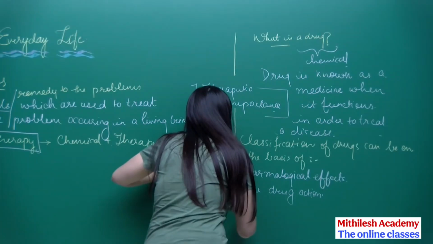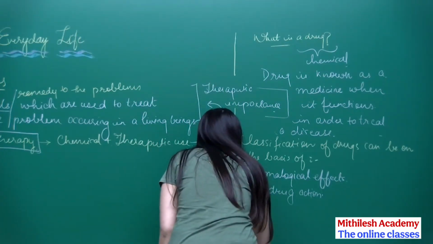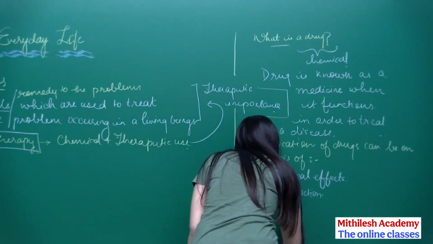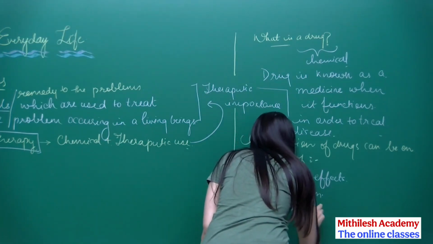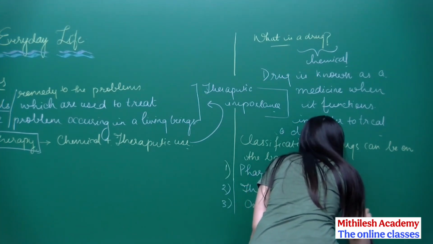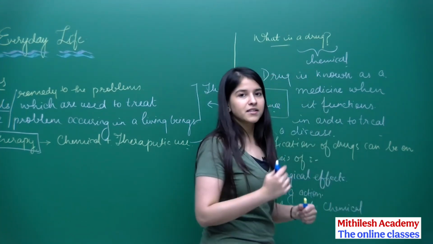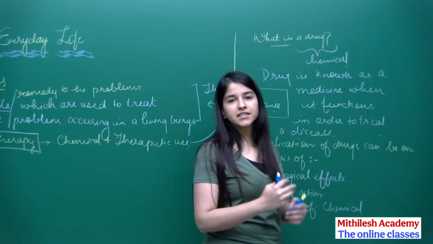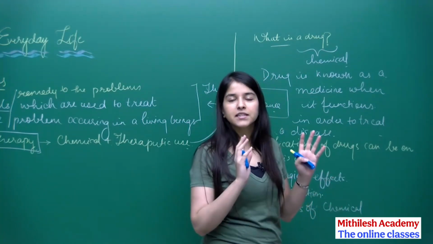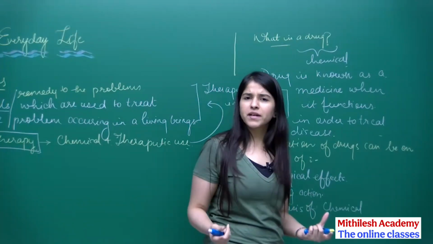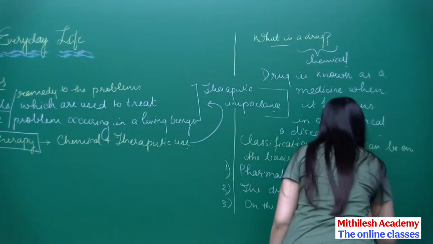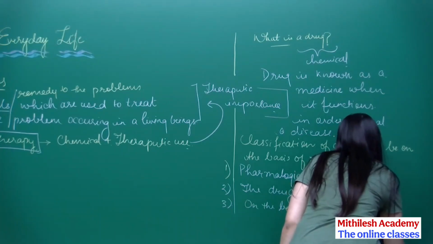The third one is on the basis of the chemical structure of the drug. Since we are discussing this in detail under organic chemistry, we will be discussing the structures as well. Slightly complicated, but you will get to know soon. So on the basis of chemical structures, I have different kinds of drugs.